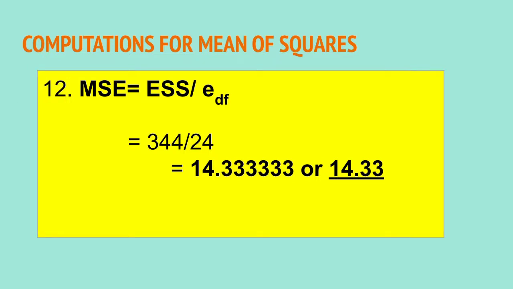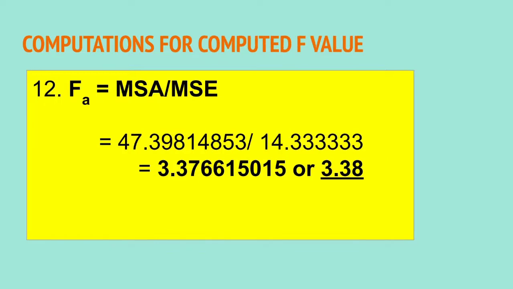In number 12, the formula is MSE is equal to ESS divided by EDF, 344 divided by 24, then equal to 14.333333, or 14.33. To proceed, we will now solve for the computed F value of factor A, factor B, and the interaction.